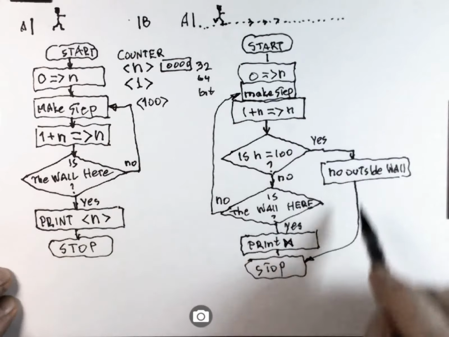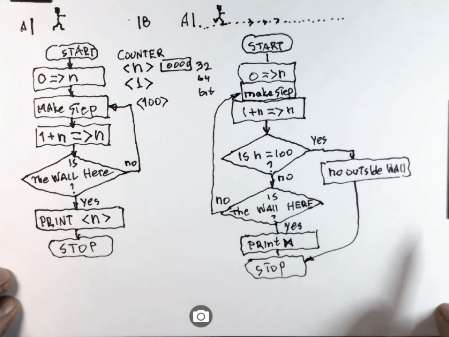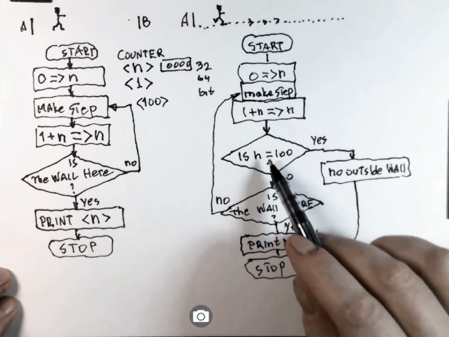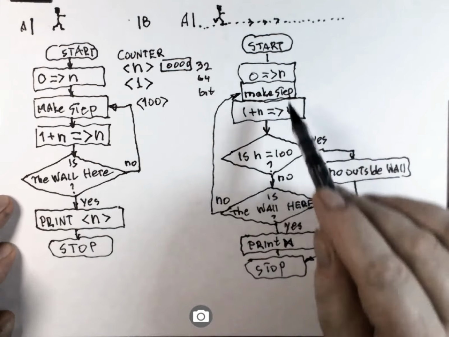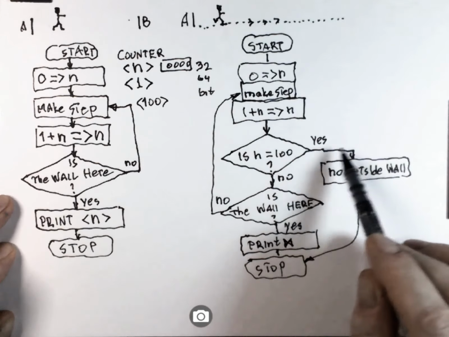Now you can see a little bit more complicated algorithm where we have two conditional operations, two conditional modules, which can provide two checks.